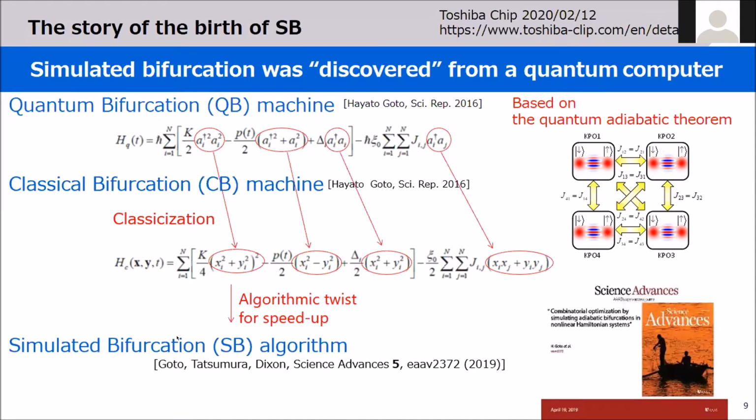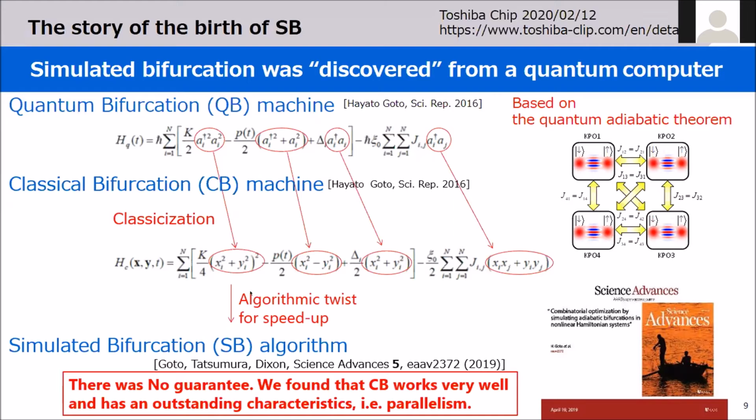The simulated bifurcation was derived from the CB machine by adding an algorithmic twist for speed up. Why does the SB work well even in the classical world where the quantum adiabatic theorem doesn't work? There was no guarantee. We just found that the CB works very well and has an outstanding characteristic, that is parallelism.